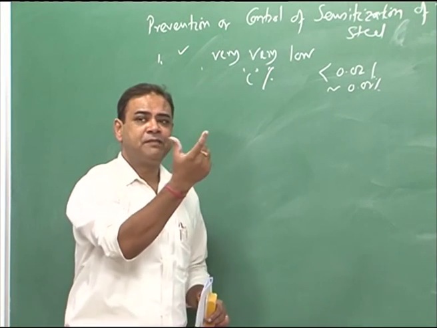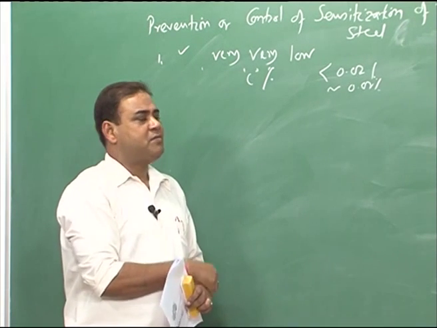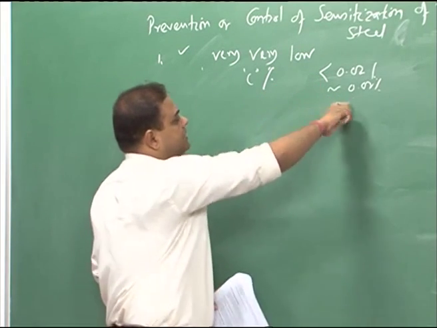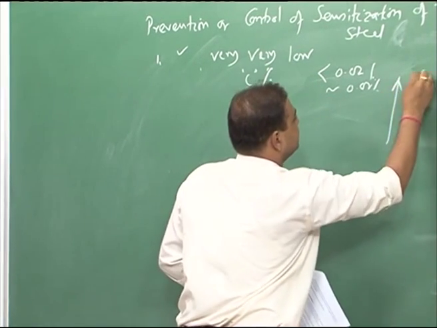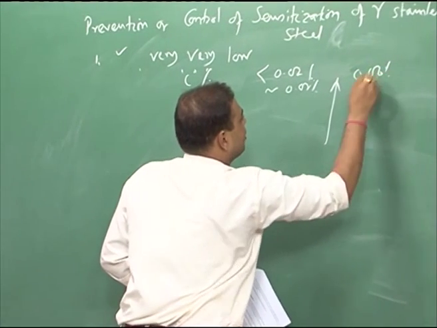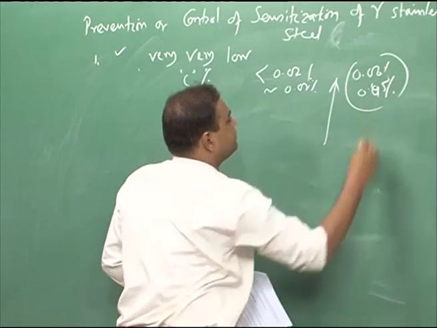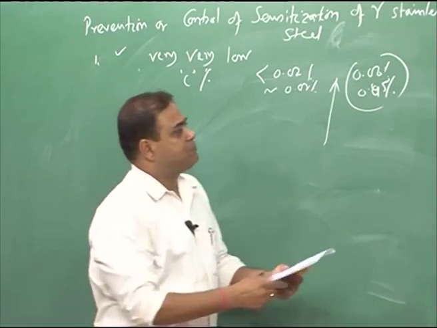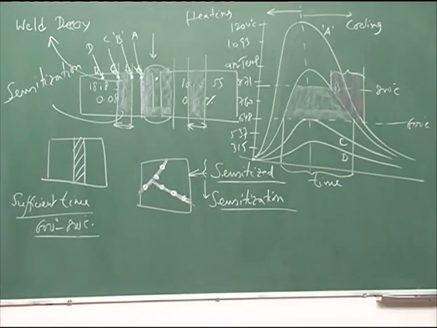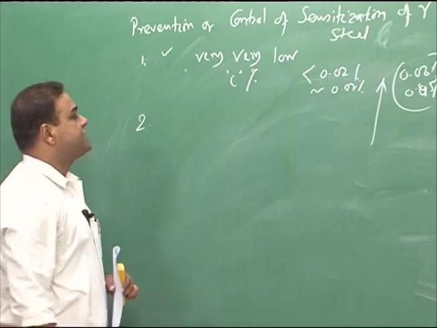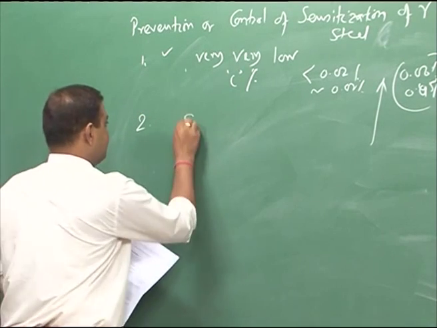So, when it picks up carbon from the gas welding process, that means from the flames, at that time the carbon content again goes up to beyond 0.05 or 0.06%. So, a little bit of carbon is left out, and the same process would happen, and there could be a possibility of sensitization or weld decay because of this carbon pickup. Now, the second case is we can have suitable heat treatment.